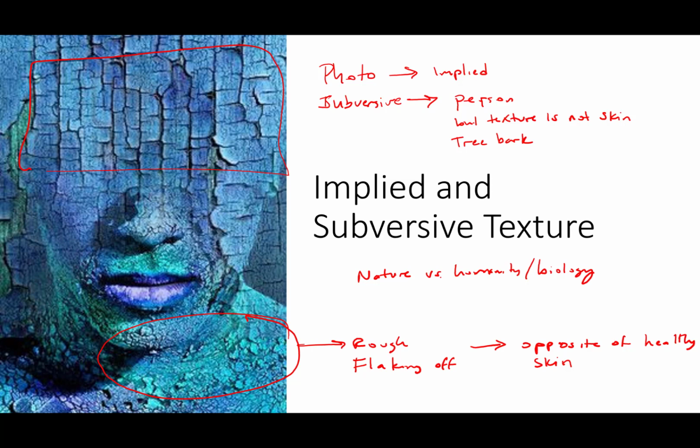Those are kind of the key things I want to get out of it: implied can be just as powerful as actual texture. Subversive texture is really good at making you stop and think, and ask what's the commentary behind this. It usually should have a feeling, a sense of that's off, but you can also do that with implied mass as well, and playing around with our expectations.